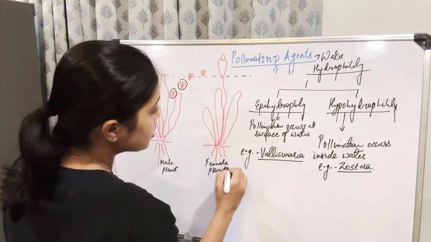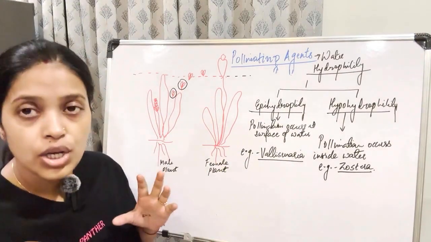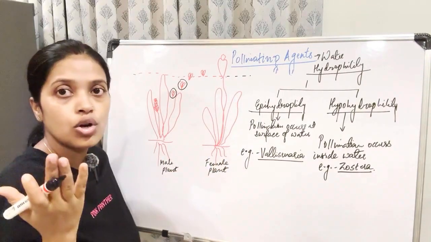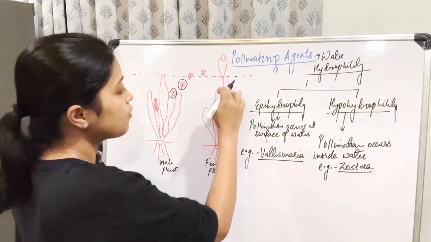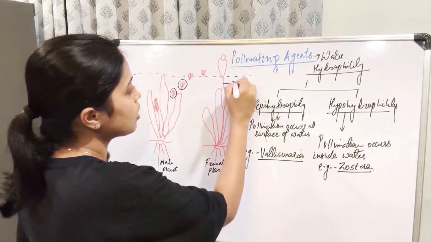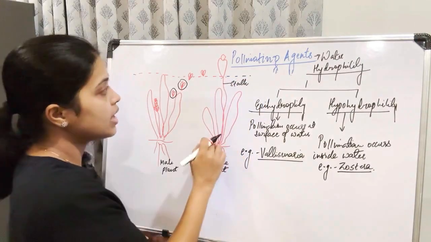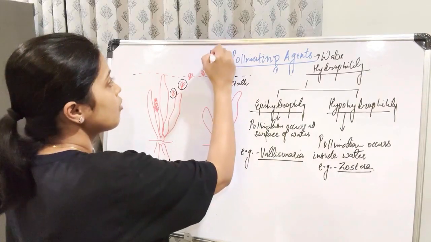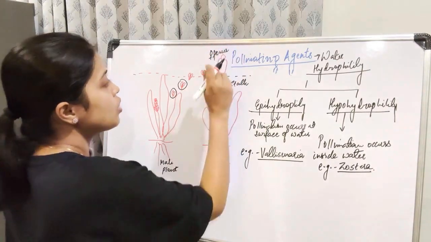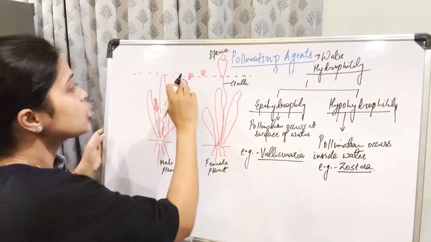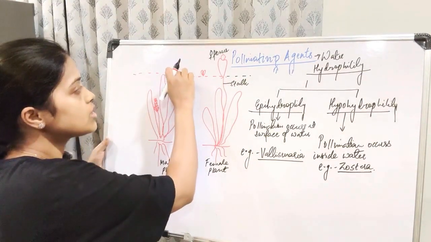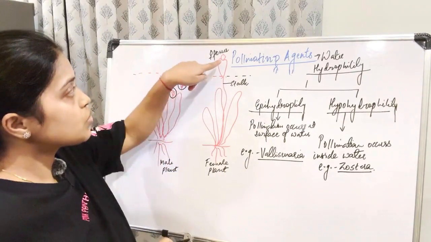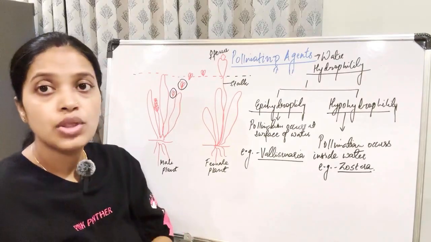The female plant is also submerged, but during the process of pollination, before that, this flower comes onto the surface because of the increased growth of the stalk. So the stalk length increases and it pushes the female flower onto the surface of water. The male flower reaches the surface, the pollens are released, reach the female flower and bring about the pollination.